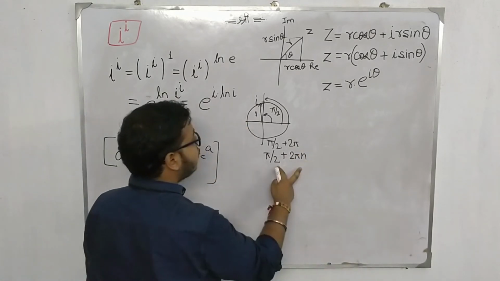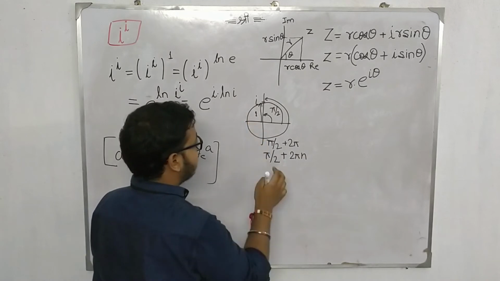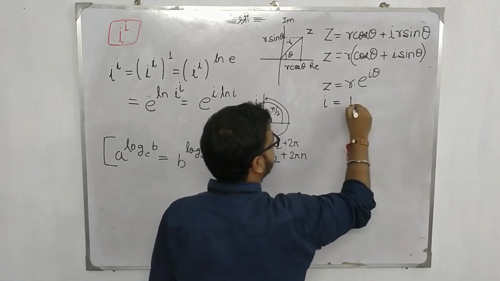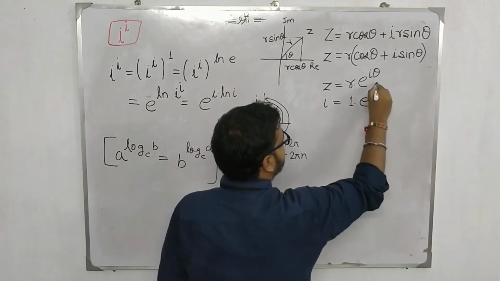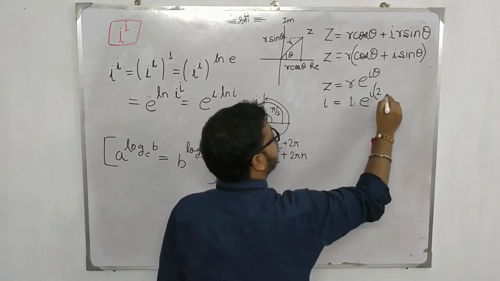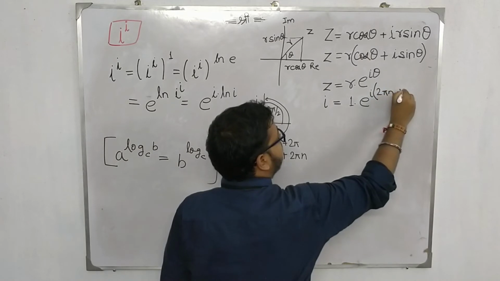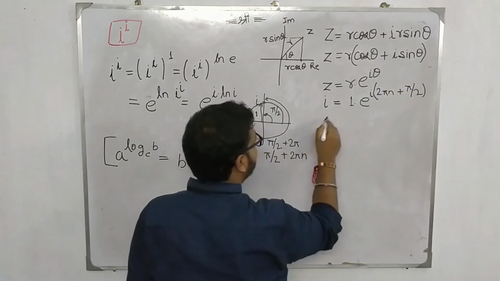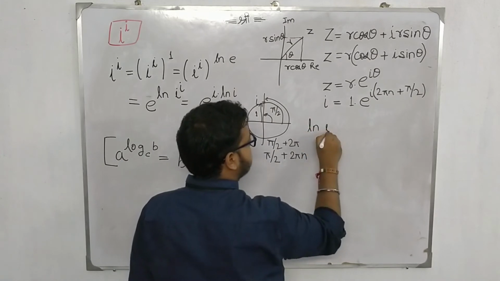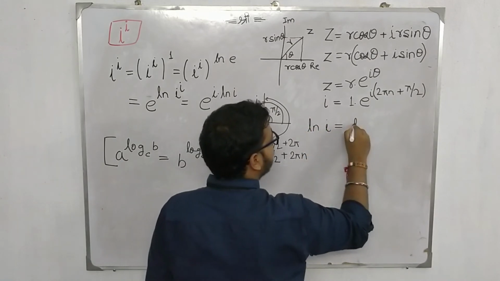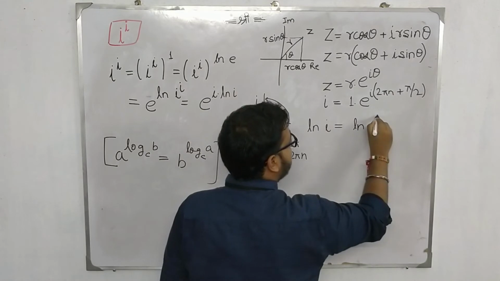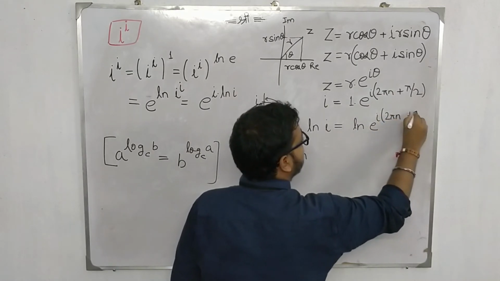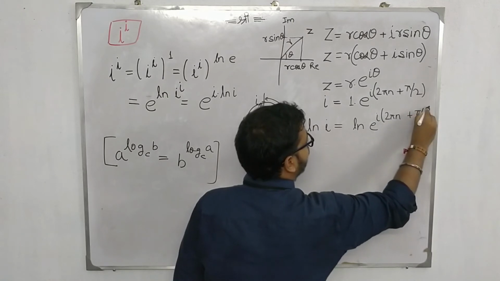So now this is our angle, 1 unit is the distance and the complex number is i. So let us put these values over here. i is equal to e to the power i times 2 pi n plus pi by 2. Let us take the natural log of both sides. So this will become natural log of e to the power i times twice pi n plus pi by 2.